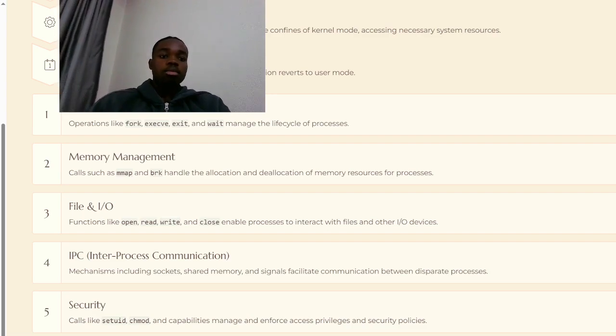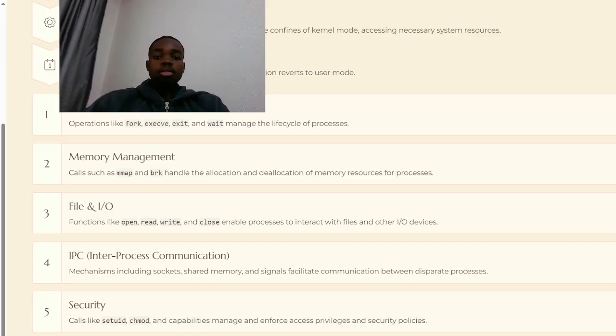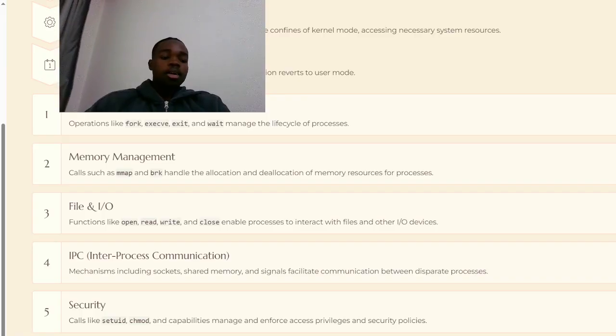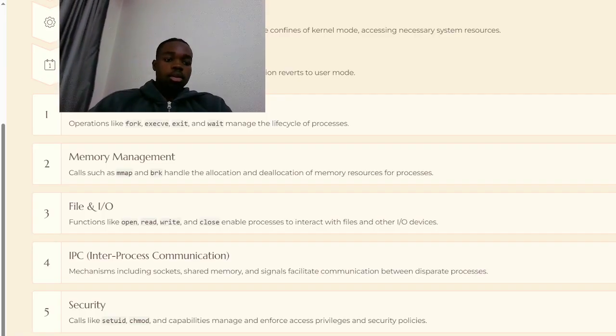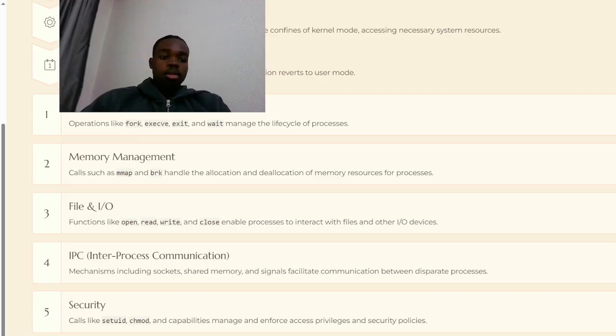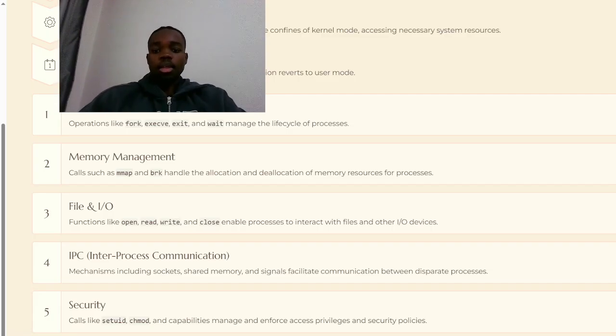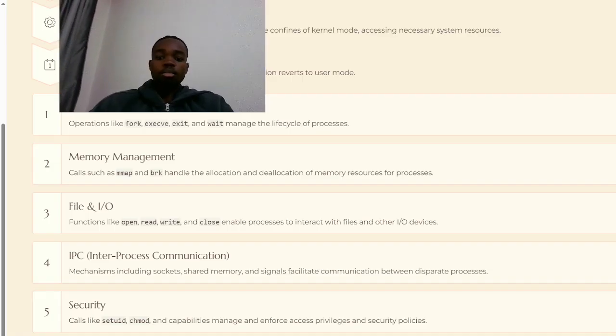IPC, inter-process communication. Mechanisms including sockets, shared memory, and signals facilitate communication between disparate processes. Moving to security. Calls like setuid, chmod, and capabilities manage and enforce access privileges and security policies.